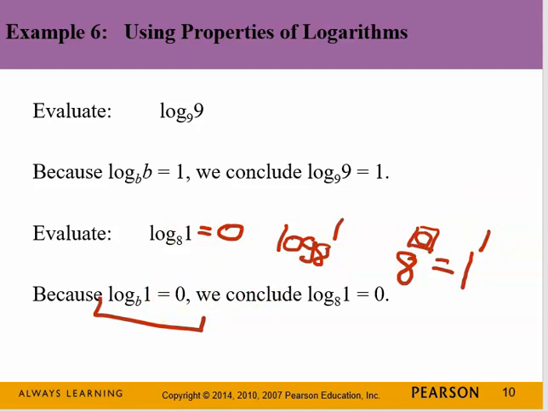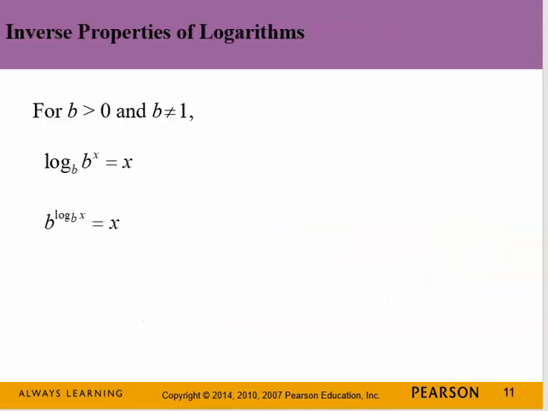So again, reviewing the rules, and again, nice about these videos, if you ever need to review them, you can pause, of course, go back and watch it again. Now, looking at this, the inverse property of logarithms, we can see here that this portion is a 1, so that x equals x.